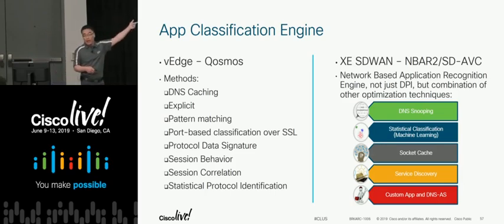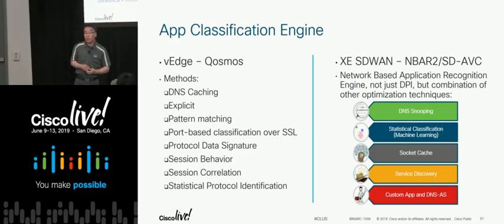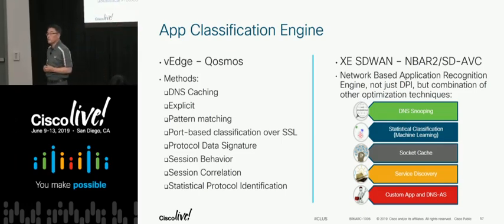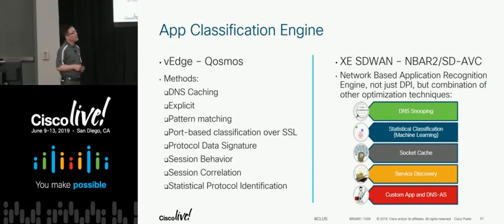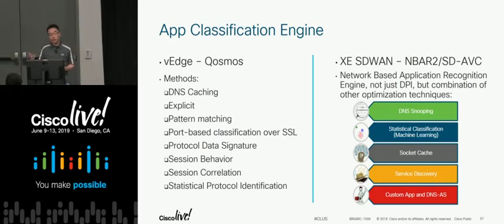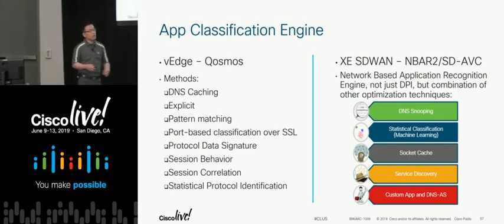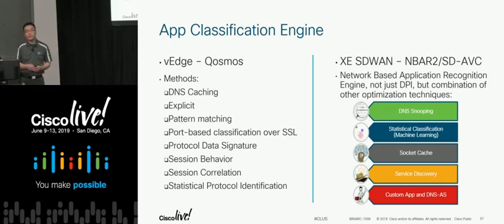On the XE SD-WAN routers, we're using the Cisco homegrown NBAR2 network-based application recognition engine, with a combination of some optimization techniques, including snooping of the DNS packet, machine learning, watching the socket and doing the service discovery, and also the ability to support custom applications with the ability to do DNS as a service.